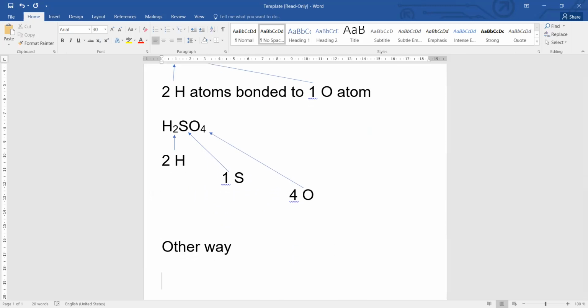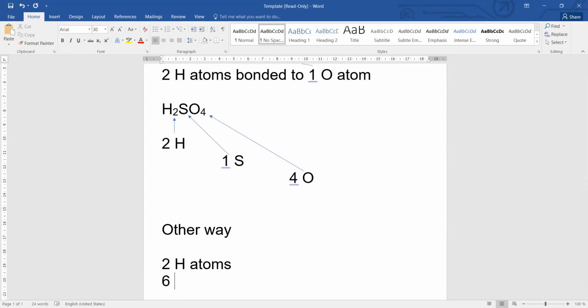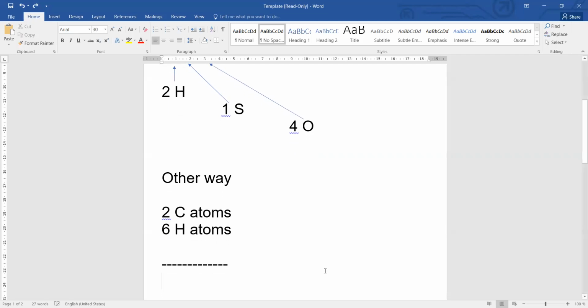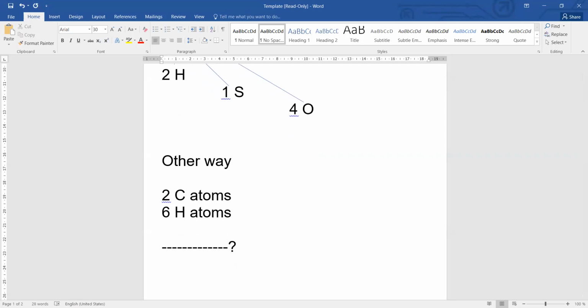I can say construct a formula that has 2 carbon atoms and 6 hydrogen atoms. The question is, can you write the chemical formula for that? What's the chemical formula for that in terms of carbons and hydrogens?